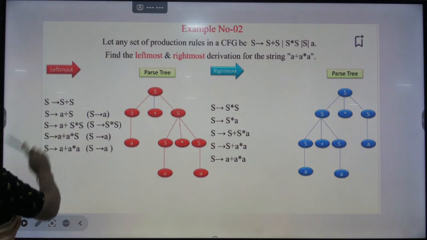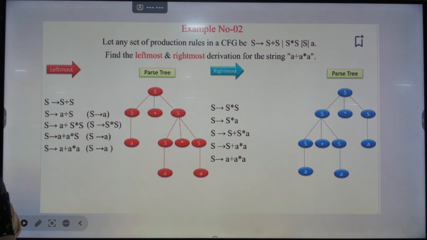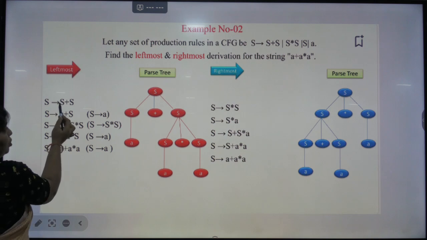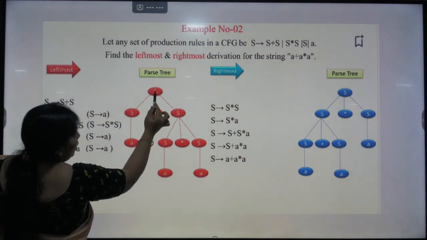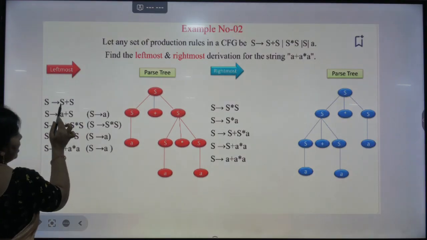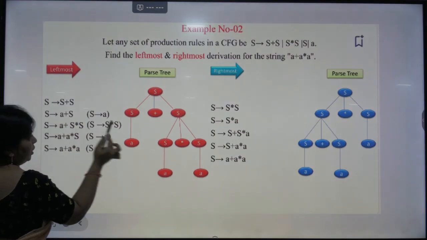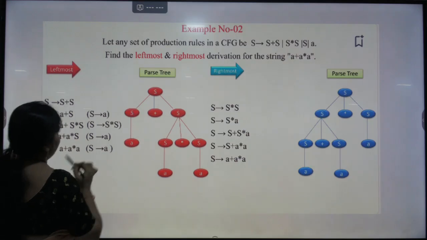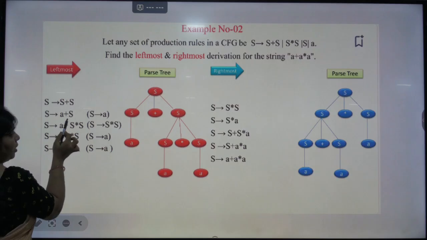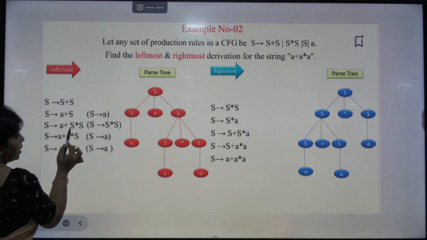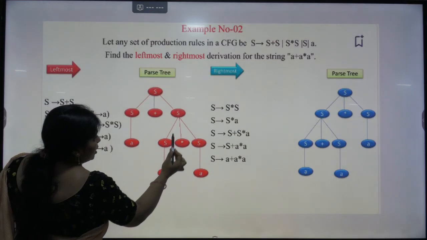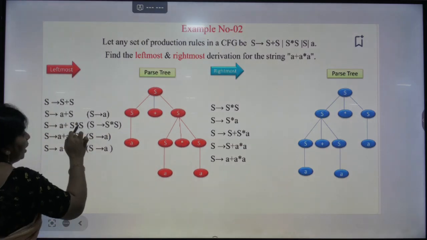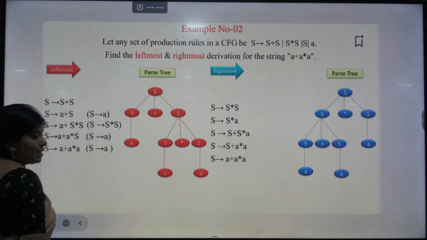First we have taken S tends to S plus S, so that this leftmost S, in the next iteration, has been replaced with A. Then this leftmost S has been replaced with A. Next we are having only one non-terminal symbol S, and that has been replaced with S star S. Whatever we are doing here, according to that only we are representing the tree.